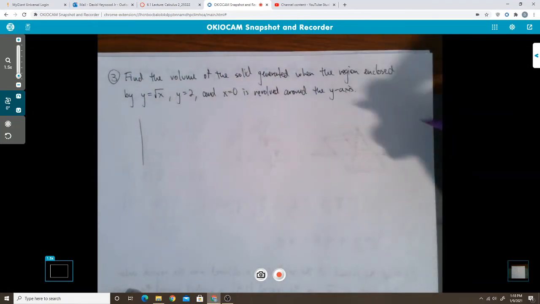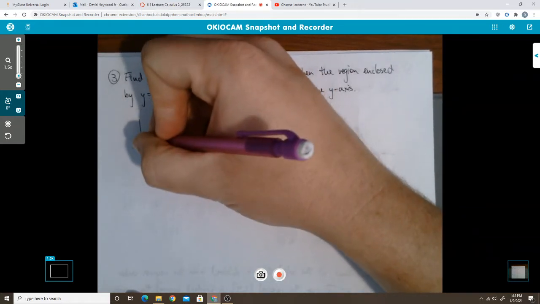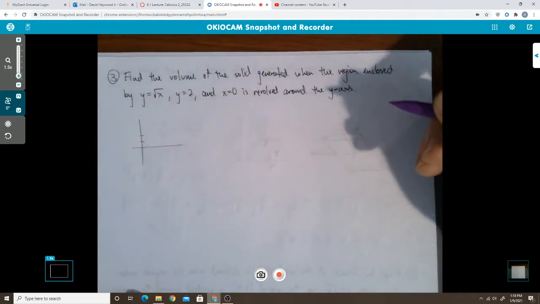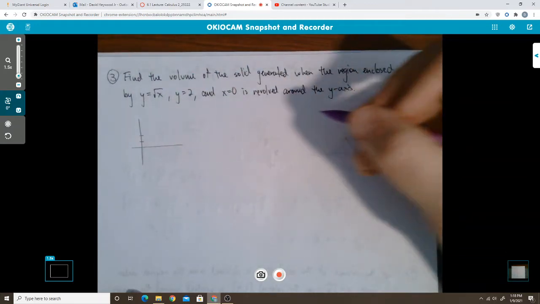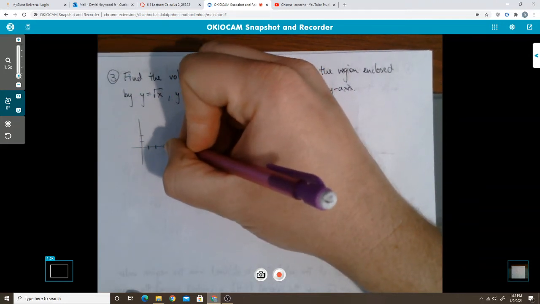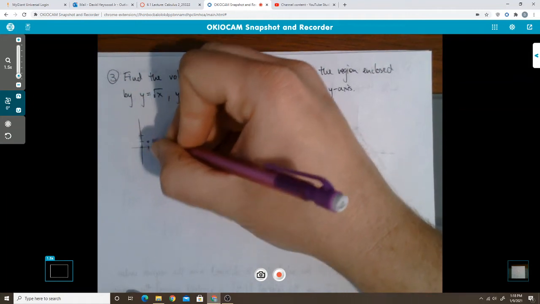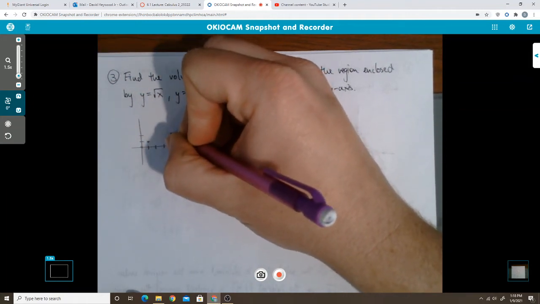X equals 0, y equals 2, and y equals square root of x. So square root of x goes through 0, 0, 1, 1, 4, 2.